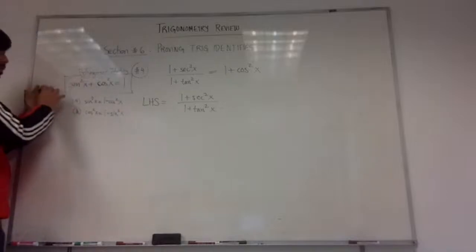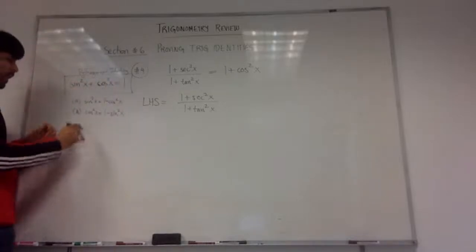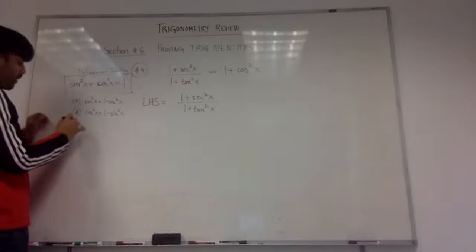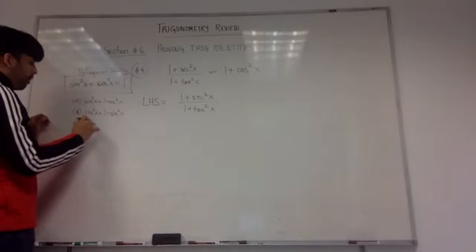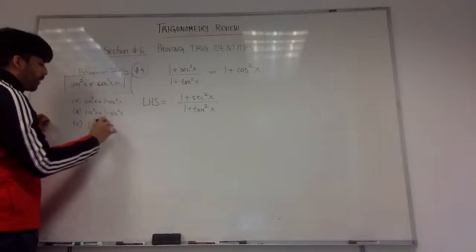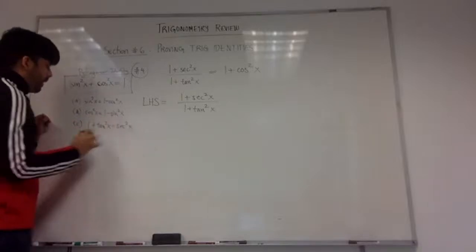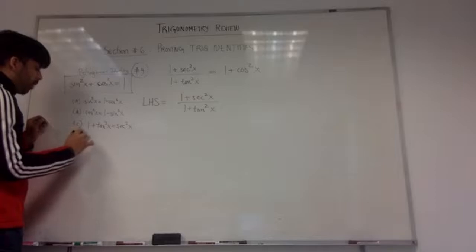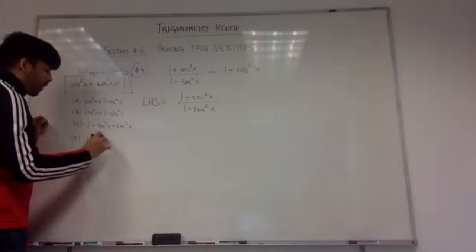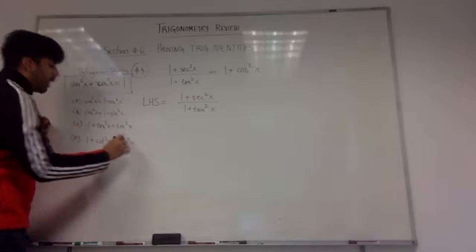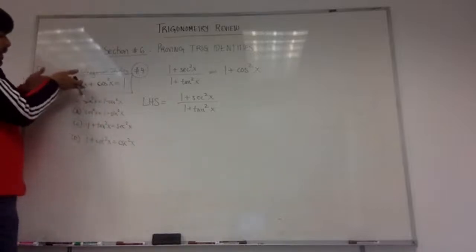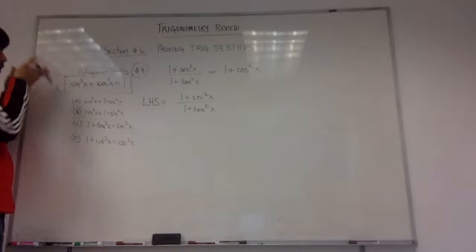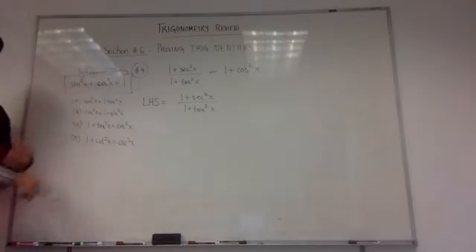And then when you divide everything by cosine squared x, you get 1 plus tangent squared x equals secant squared x. And then the last one here is 1 plus cotangent squared x equals cosecant squared x. So these are the ones that stem from the same identity. If you know this identity, you should be able to come up with the rest.